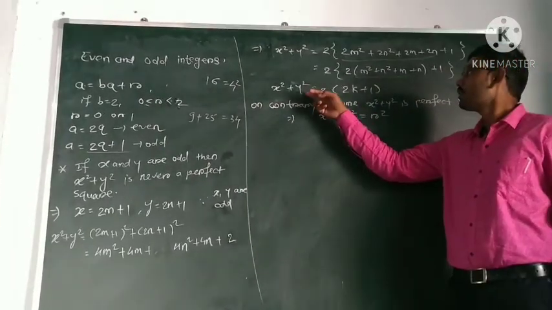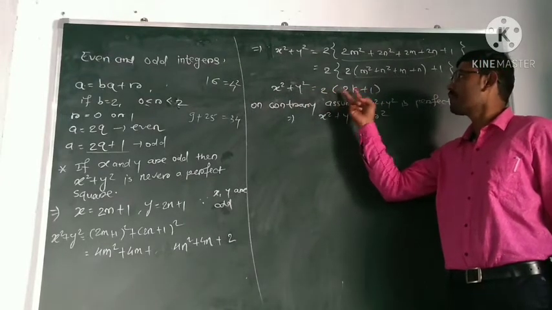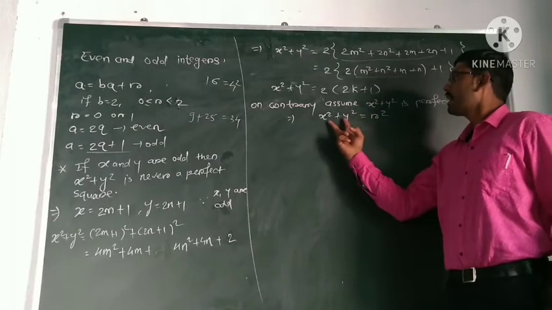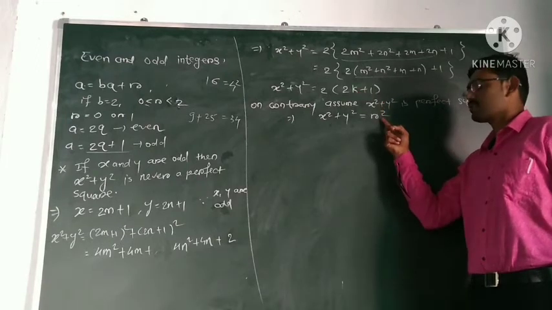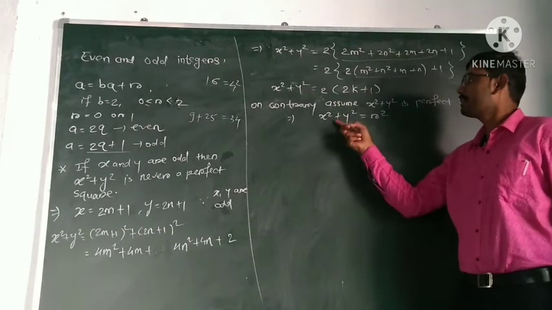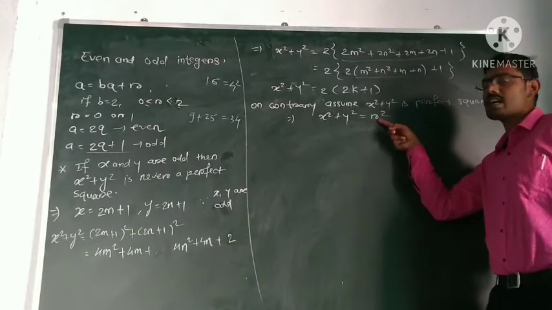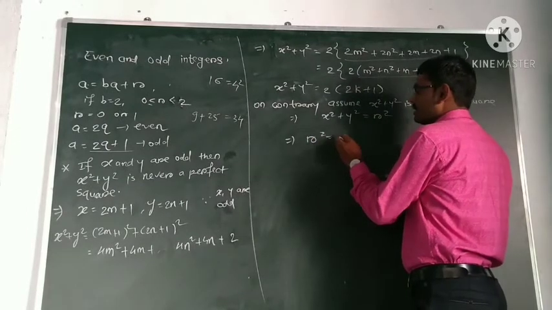We can see x square plus y square is even because it is 2 times some integer. Since the left hand side is the same, the right side is also even. So r square must be even.